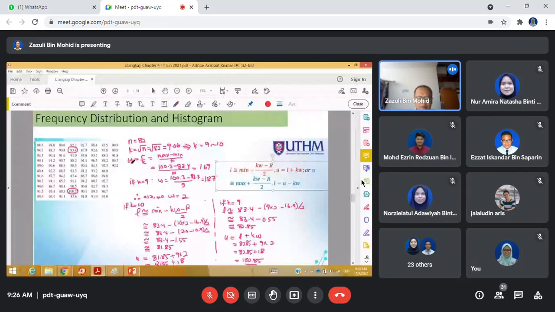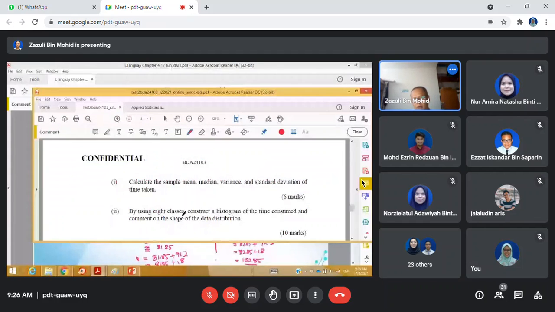In your test two, the question here is, by using 8 classes, construct a histogram of time consumed. It already mentioned 8 classes. I could not understand why some of you do not make it in 8 classes. Some of you only put 7 classes. Already mentioned 8 classes, you have to draw it in 8 classes.